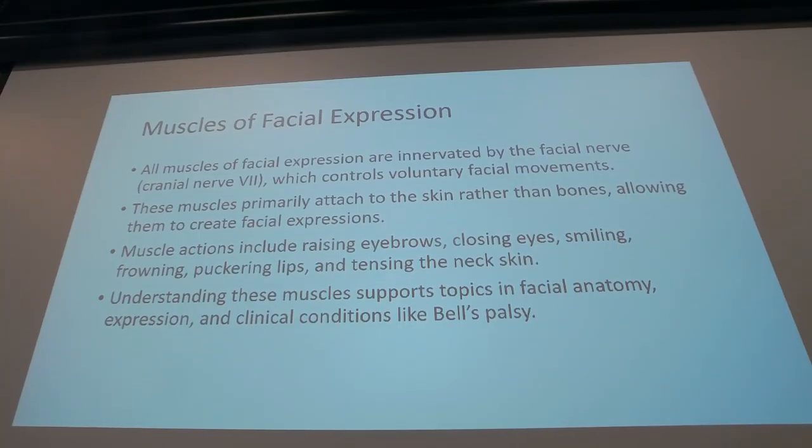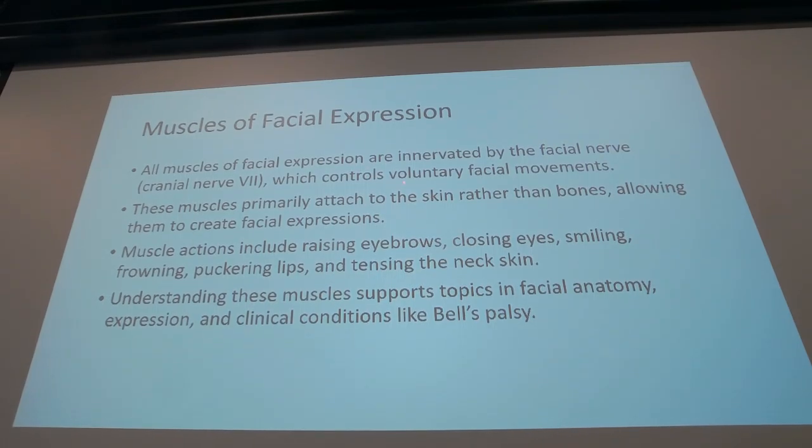Most of them are innervated by cranial nerve number 7, which is the facial nerve. Now, cranial nerve number 7 not only innervates the muscles of facial expression, it also innervates glands like salivary glands, and innervates as well the tongue.